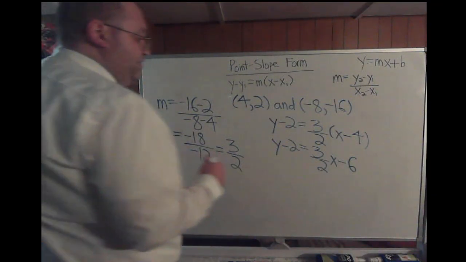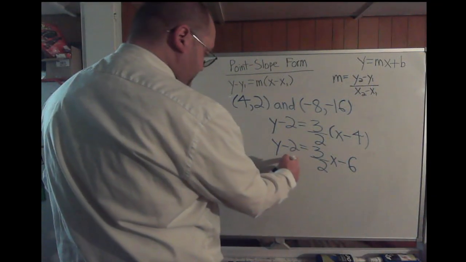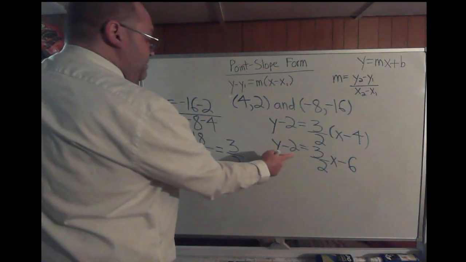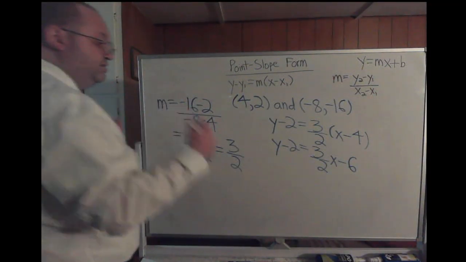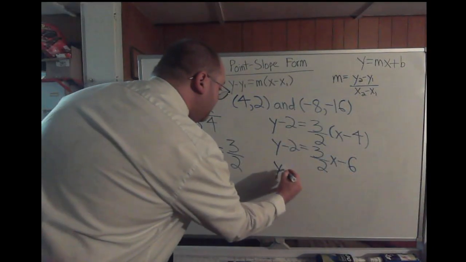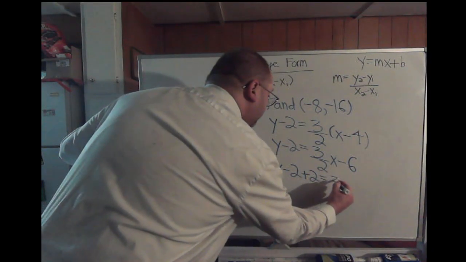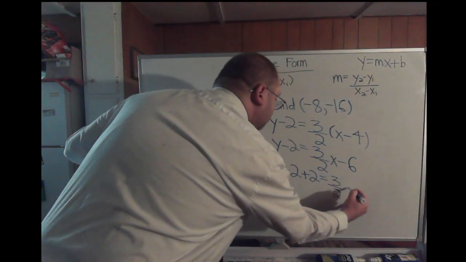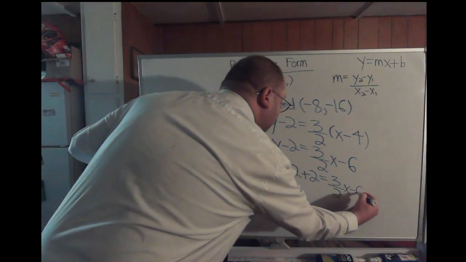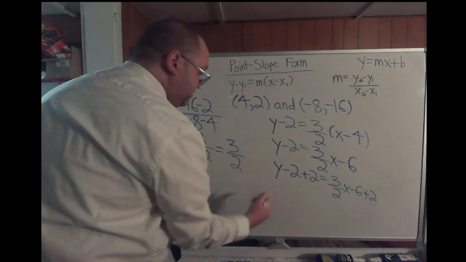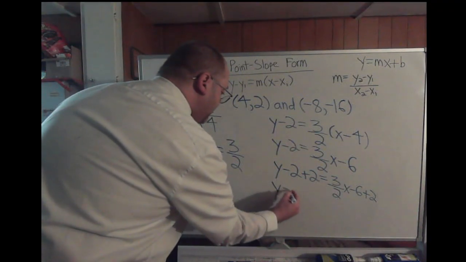Alright, so we have y minus 2 equals 3 halves x minus 6. We want to get y by itself. We need to do y minus 2 plus 2, make that equal to 3 halves x minus 6 plus 2. Well, minus 2 plus 2 goes to 0. Y is now by itself.